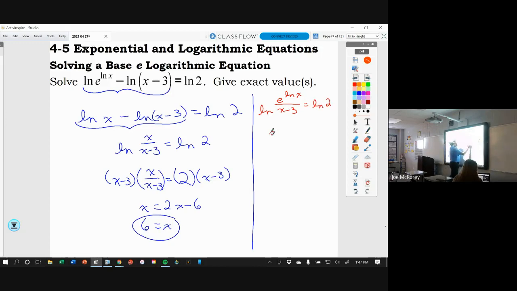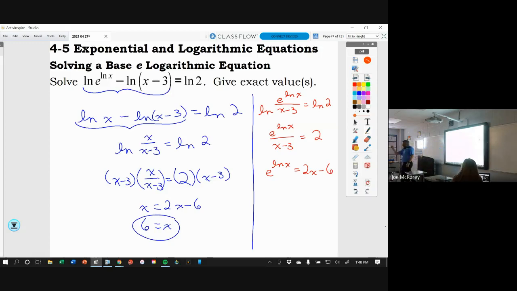She then has e to the natural log of x over x minus 3 equals 2. Multiplying both sides by x minus 3, she gets e to the natural log of x equals 2x minus 6.